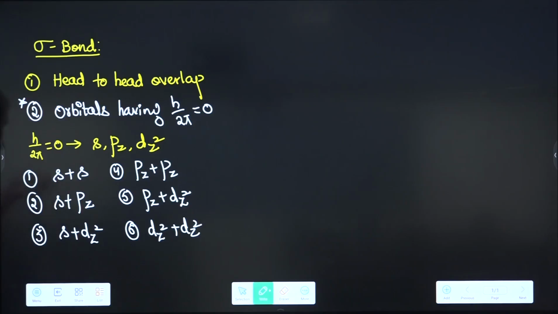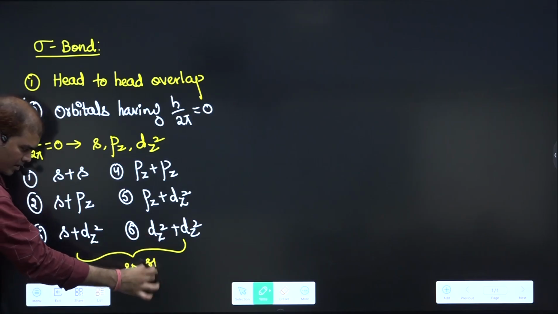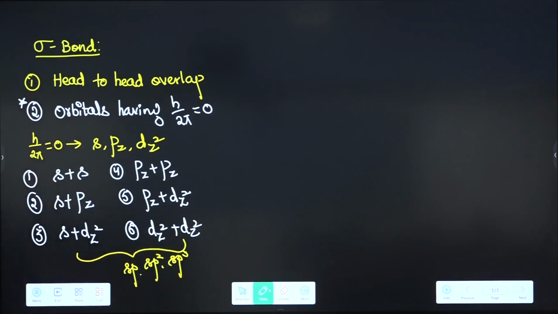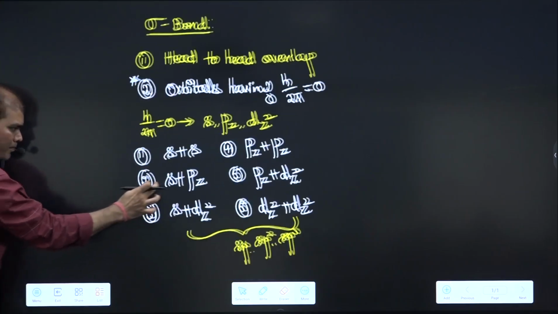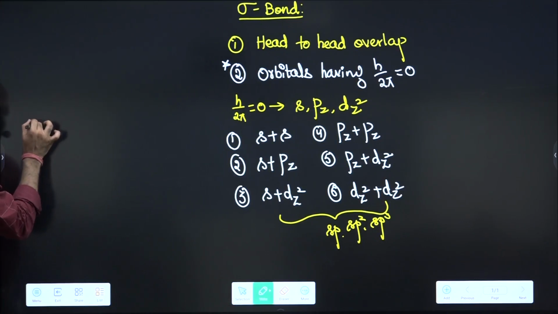Along with this, hybrid orbitals sp, sp2, sp3, they will also give you sigma. I am not including that. If you want, you can just include. It is an organic part. Even sp, sp2, sp3 hybrid orbitals can also form sigma bonds. Let me just take one combination.